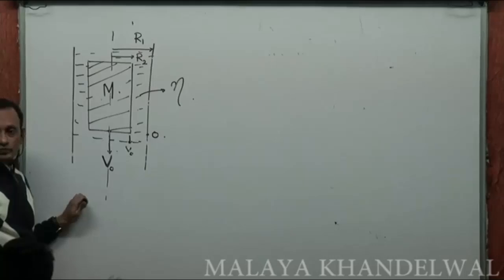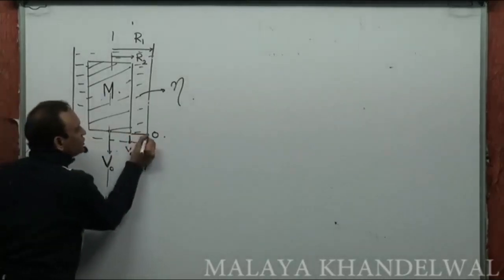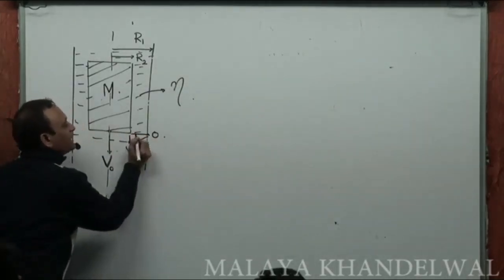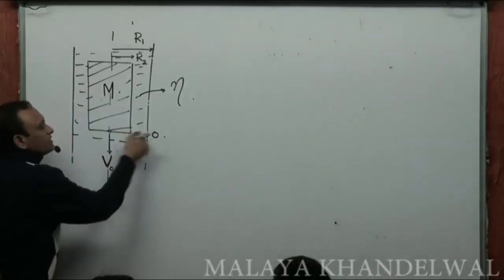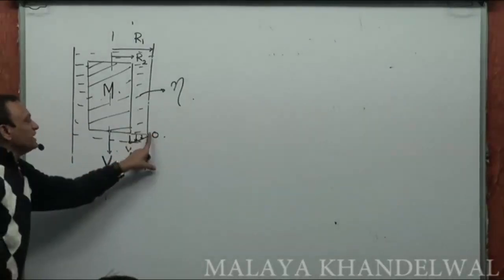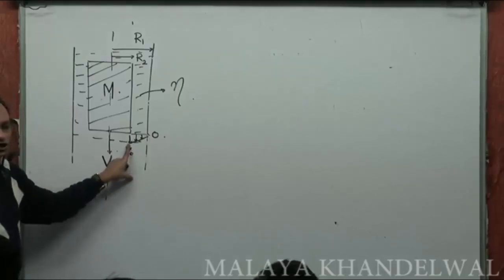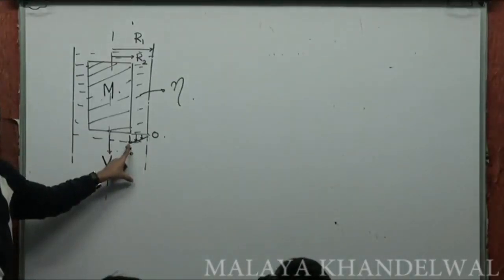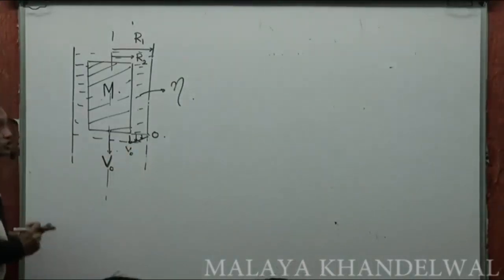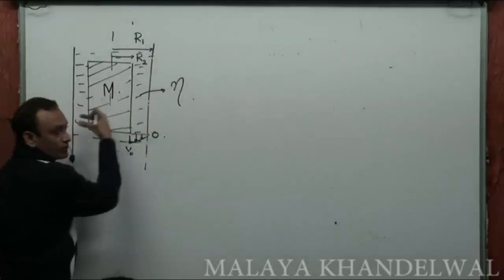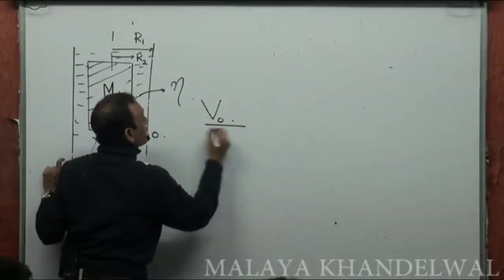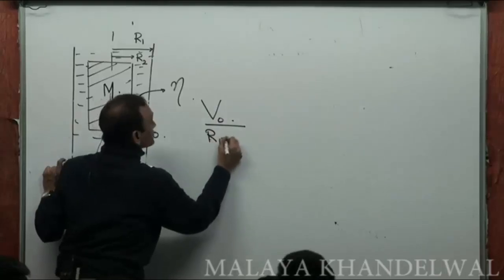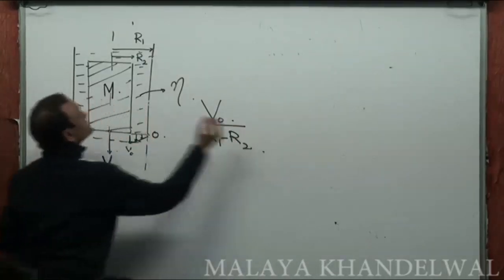So across this annulus, there is a velocity gradient, 0 to v0. In this small thickness, we will assume linear variation. So what's the velocity gradient in this annulus? The velocity gradient is v0 divided by r1 minus r2.